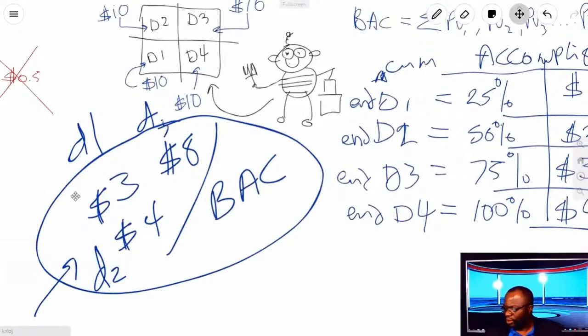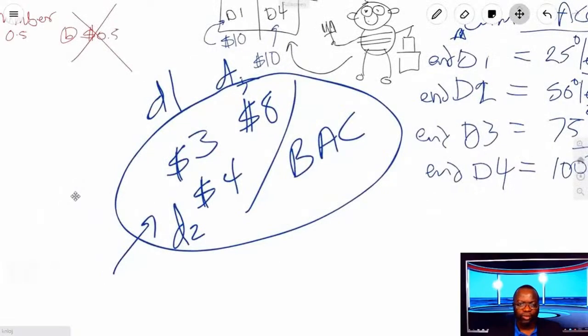So tell me, what is the budget at completion? PV on day 1 is 3, PV on day 2 is 4, and PV on day 3 is 8. What is the plan? What is the BAC? That is the question.